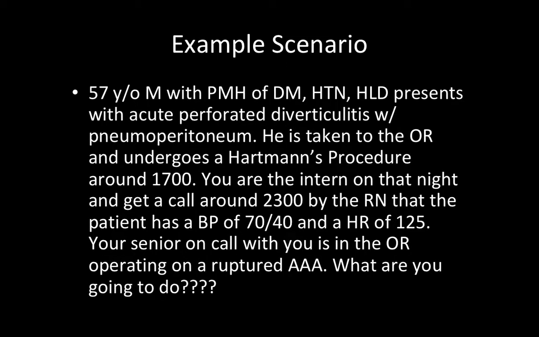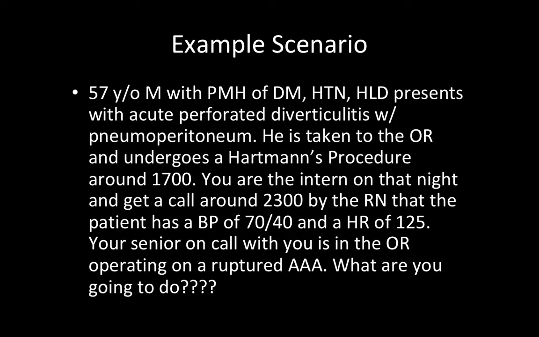For my example scenario, you were called by the nurse in the middle of the night. The patient is a 57-year-old male with a past medical history of diabetes mellitus, hypertension, hyperlipidemia, who presented originally with acute perforated diverticulitis with pneumoperitoneum. He was taken to the OR and underwent a Hartmann's procedure around 1700 hours.